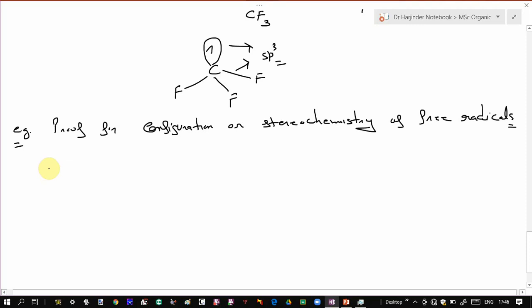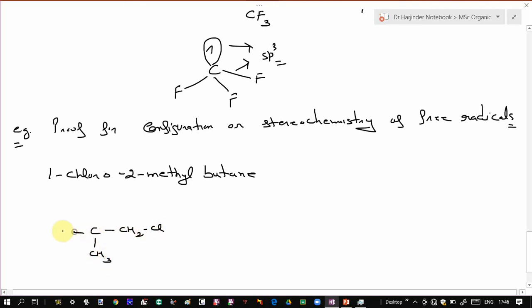For example, say you have 1-chloro-2-methylbutane. So the structure is like this: 1-chloro-2-methylbutane, with CH2Cl, CH3 and C2H5 on the second carbon.